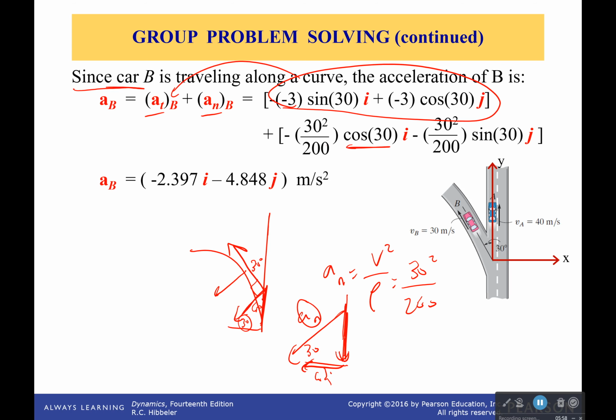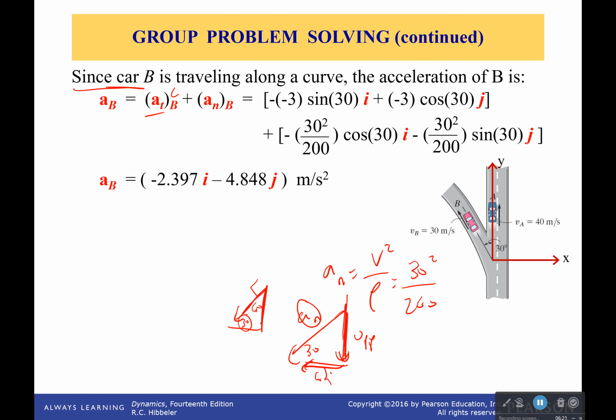It is going to be opposite over hypotenuse, which is sine of 30. And it's negative because it's going down. So I broke up the tangential component and the normal component into their respective Cartesian forms. I know this looks very confusing, but all we did is we said we had a tangential and a normal component, and we took those individually and broke them up. And then of course we would add them together to get just nice little numbers.